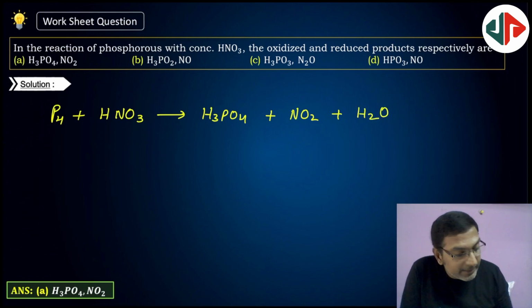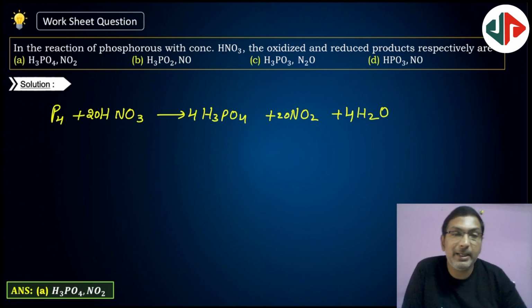So after balancing here 20 moles, next here 4 moles, here 20 moles, and here 4 moles. This is the balanced equation.